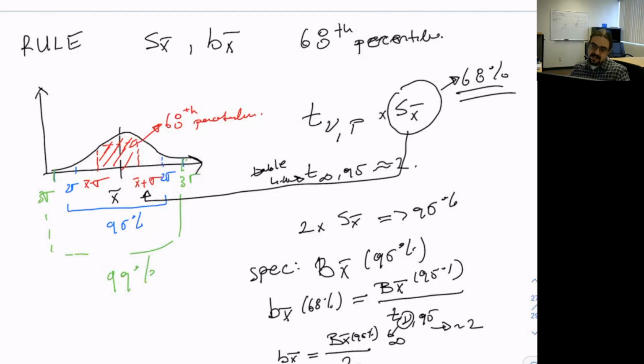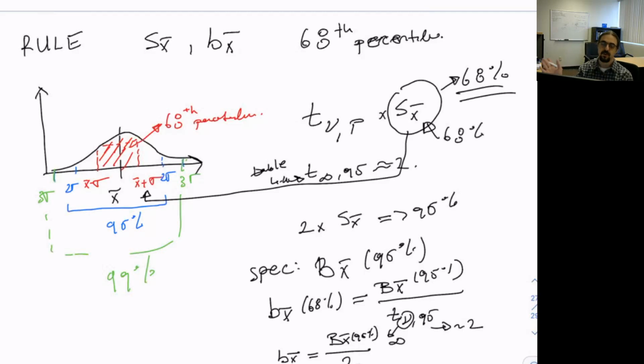So basically the rule here is that you always want to convert everything to the 68th percentile to combine. Of course, you have the option to convert everything to the 95 percentile and combine, but the 68th percentile makes it easier because your standard deviation is always given at the 68th percentile by definition.